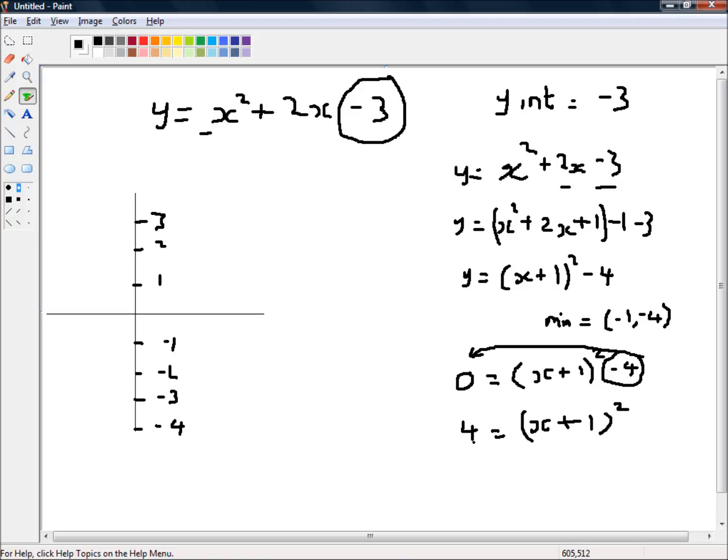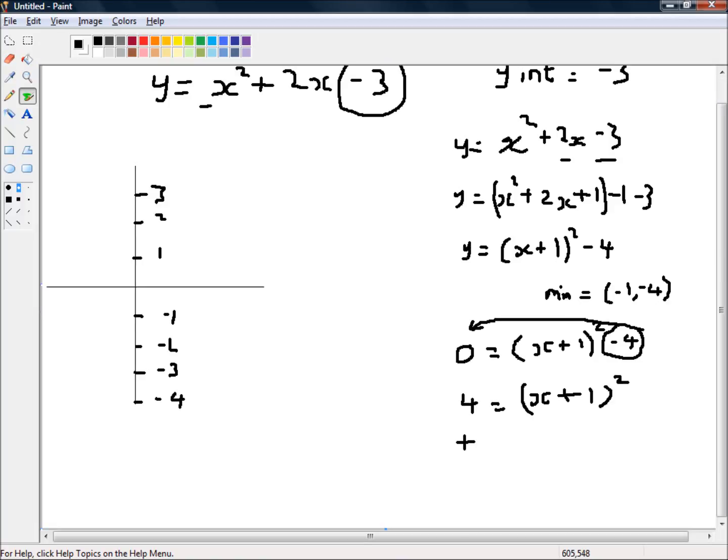So if we square root both sides, we've got positive or negative 2 is equal to x plus 1. If we take that 1 over to the left hand side, we've got positive or negative 2 minus 1 is equal to x. So either x equals 2 minus 1 or x equals negative 2 minus 1. So x is equal to 1 or -3.